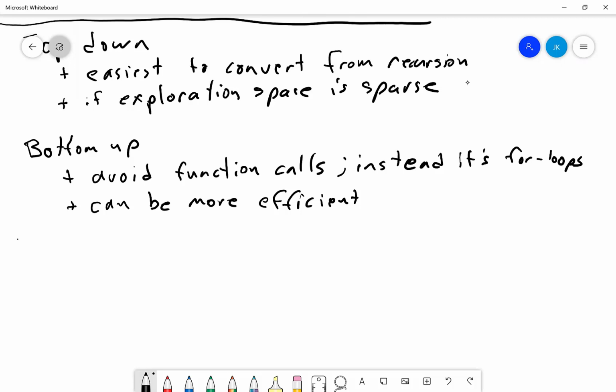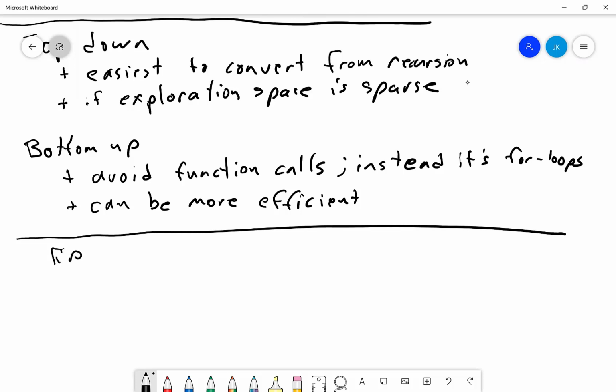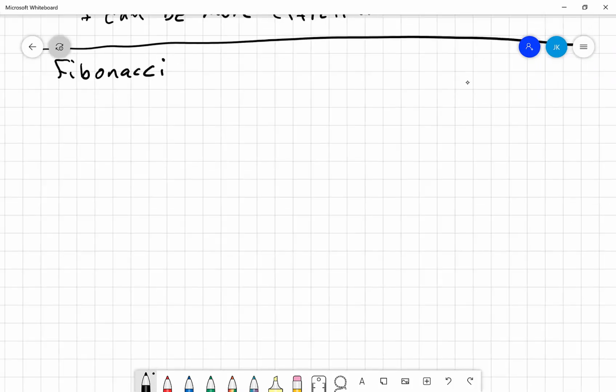To give you an example of how this works, and this will be one of the examples I code up, you can think of the Fibonacci sequence. This is one that is often used for lots of illustrations in computer science, but it works really well to illustrate the different types of dynamic programming.